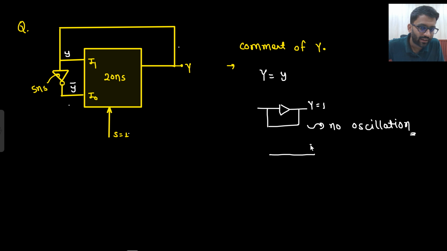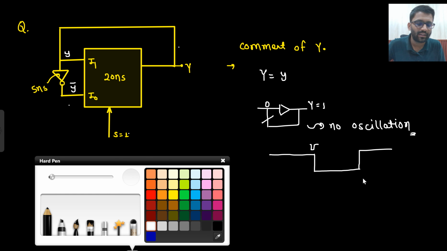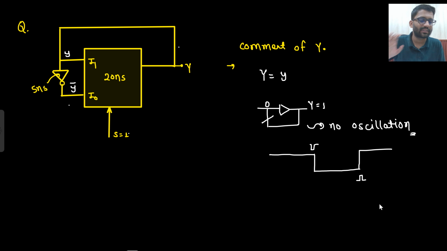But if I apply some trigger here and make it 0, then it will always be 0. And if I again apply the trigger, it will be 1 again. If you have forgotten the concept, I would recommend you go and study astable multivibrators and multivibrators again. So this is your bistable multivibrator. There are 2 stable states.